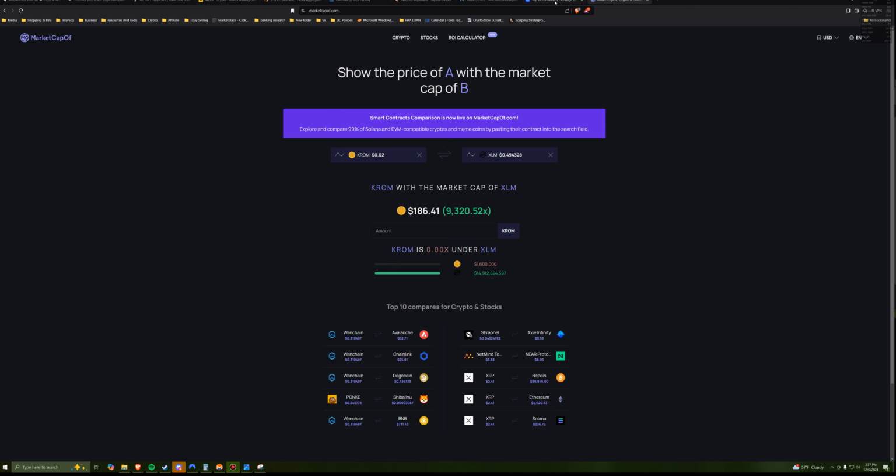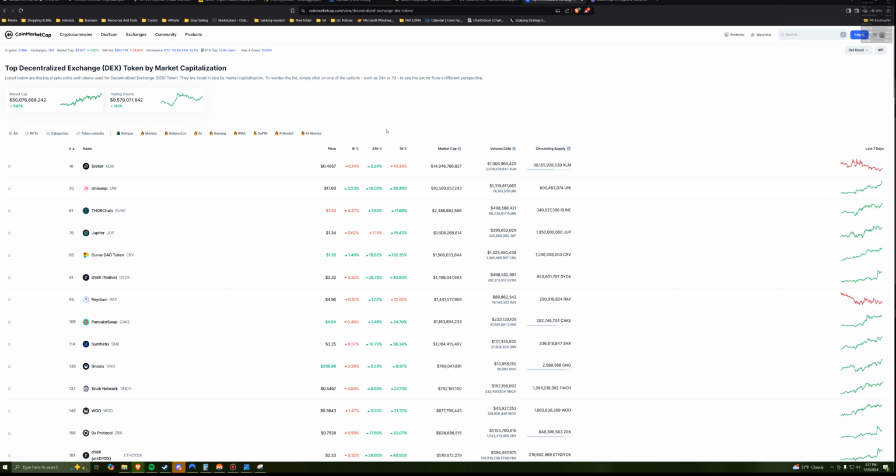So Chromatica is a decentralized exchange and the best there is, if you ask me. I mean, personal opinion, but even so, I used to compare it to Uniswap because that was the best, and now, I mean, look at this.